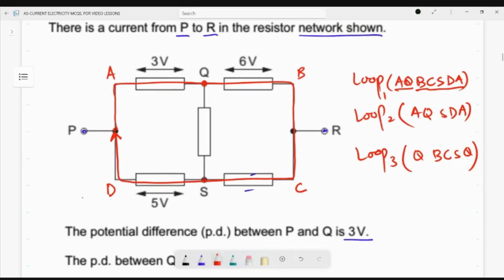When I start from A, I have 3 volts. Then I reach this point, it is 6 volt. And then there are, let's say, X volts, as I do not have these voltages. And then I have 5 volts, and then it comes back to this point.